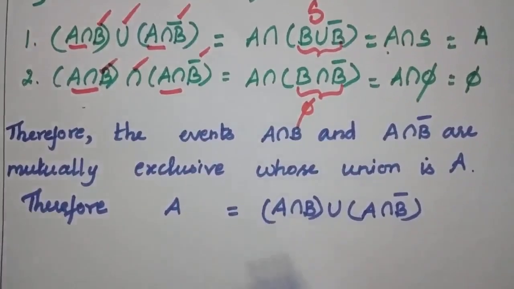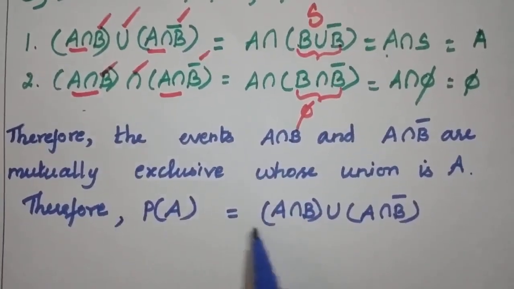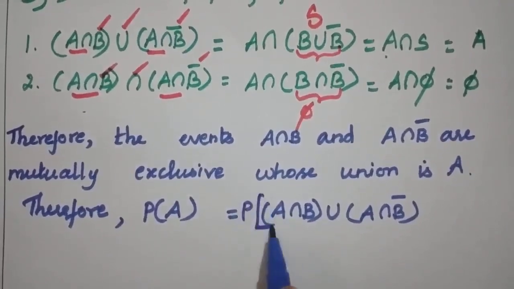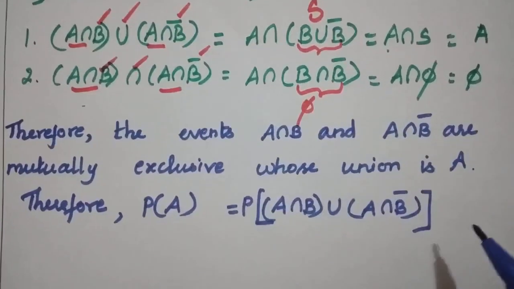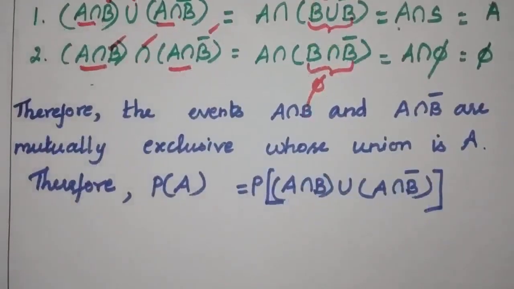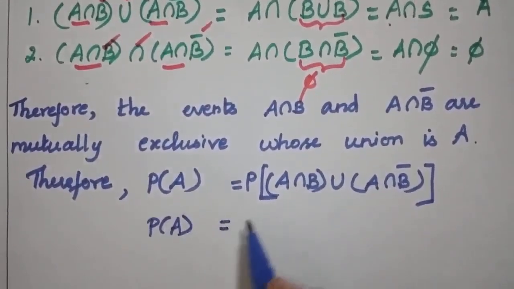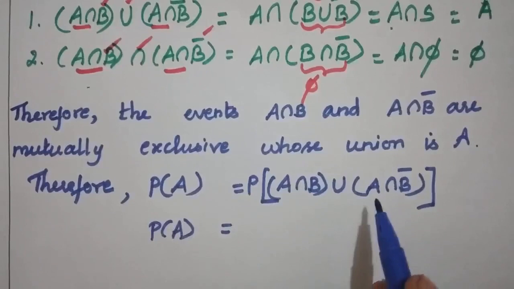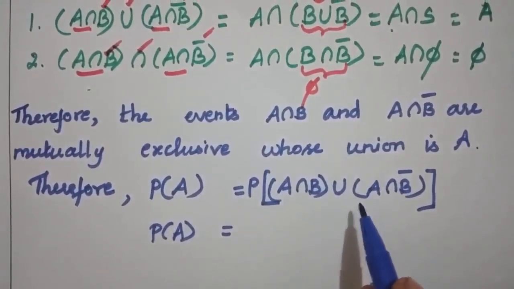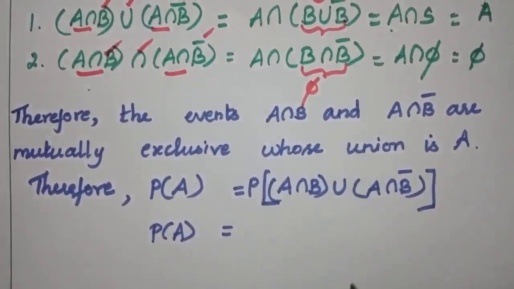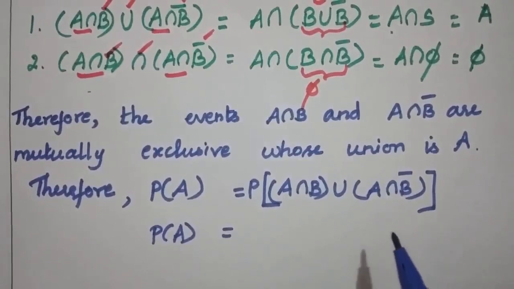Now we are going to take the probability value of this. So probability of A is equal to probability of A intersection B union A intersection B dash. These two events are mutually exclusive. Then what will be its probability value? Yes, P of A union B is equal to P of A plus P of B if A and B are mutually exclusive events.